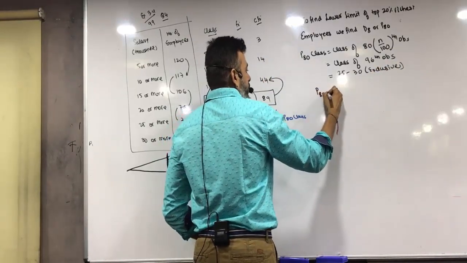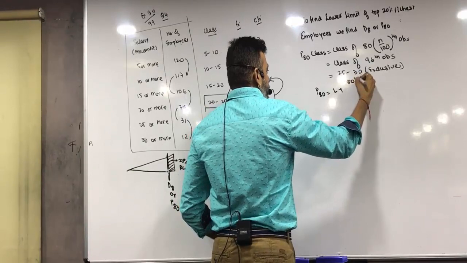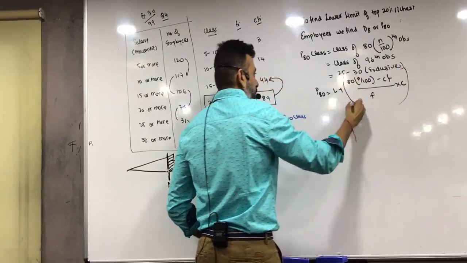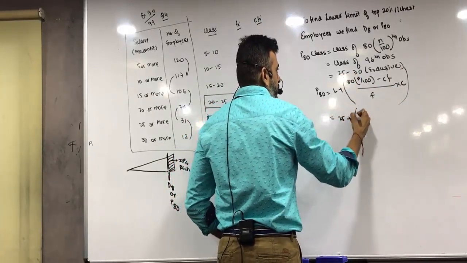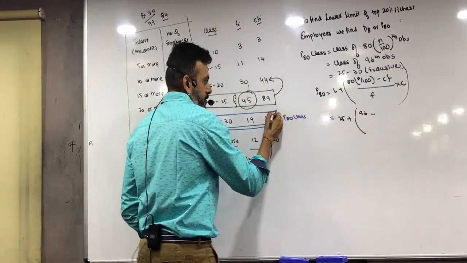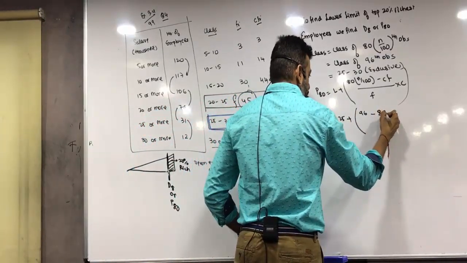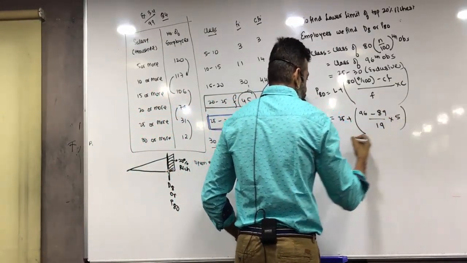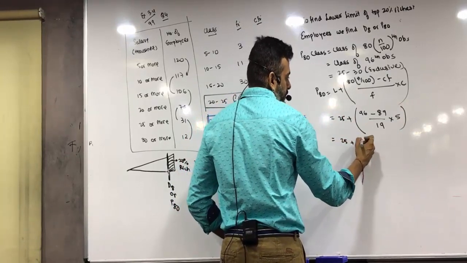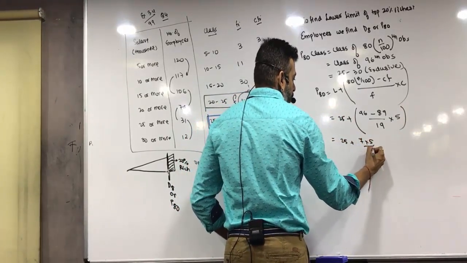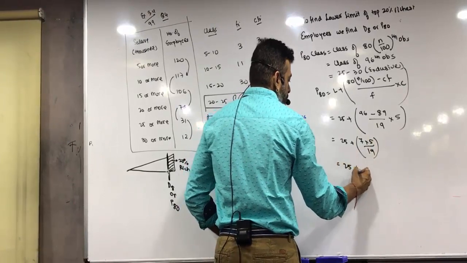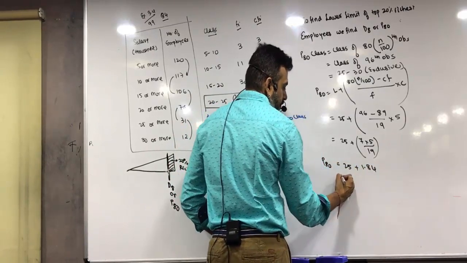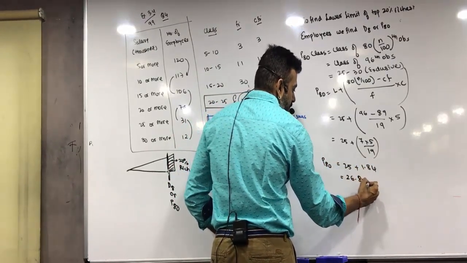So P80 is equal to L plus 80 n by 100 minus Cf upon f into C, which is equal to 25 plus 96 minus 89 upon frequency 90, into class length 5, which is equal to 25 plus 7 into 5 upon 90, that is 35 by 90, which is 1.84, equal to 26.84.